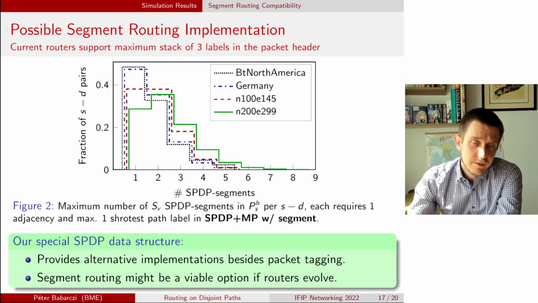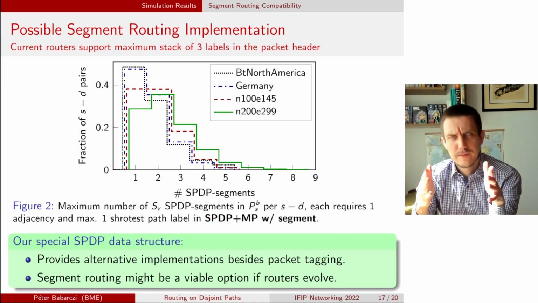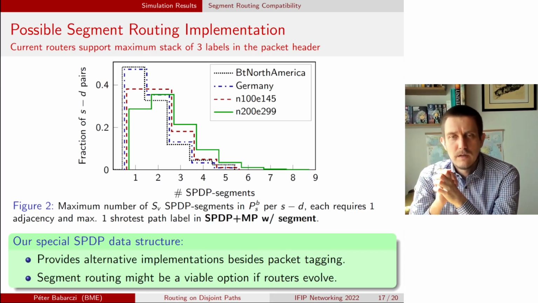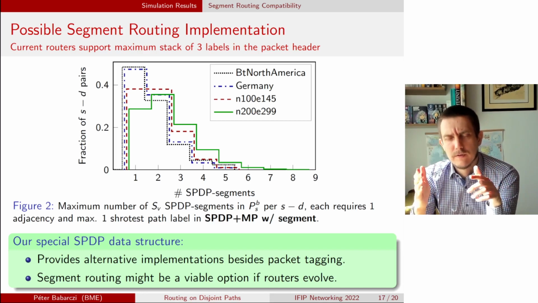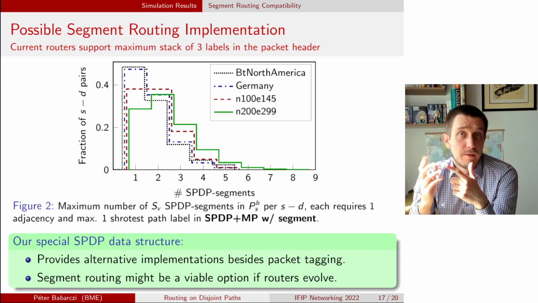And finally, our third investigation was: can we use a different implementation than tags to address the SPDP paths or SPDP segments? Segment routing is a quite straightforward solution because we have a quite good correspondence between the segment routing segments and the SPDP segments in our Survivable-Tarjan results, because each SPDP segment consists of at most an adjacency and a shortest path label, or only one of them.